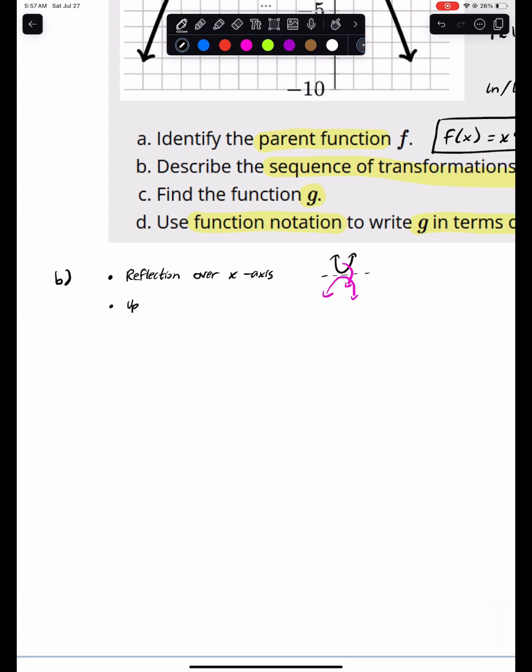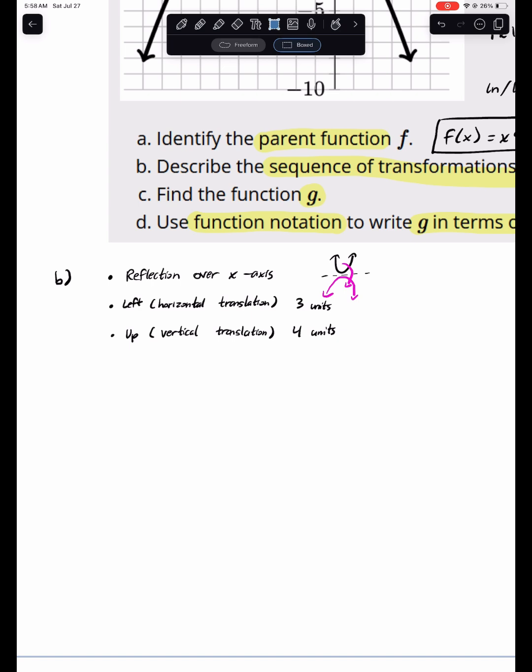We can say left, which is a horizontal translation, by 3 units. And then we're going up, a vertical translation, of 4 units.